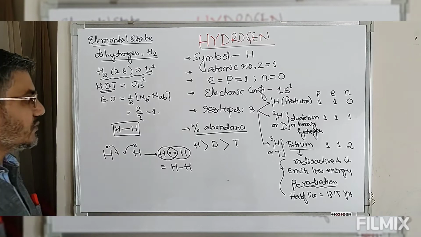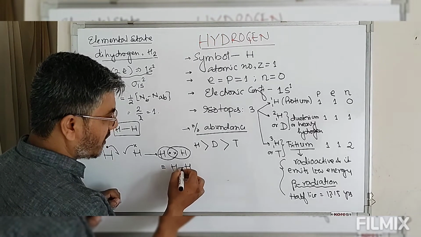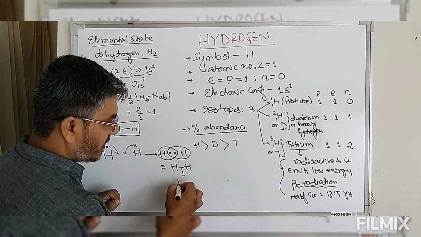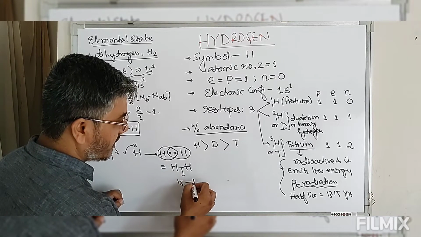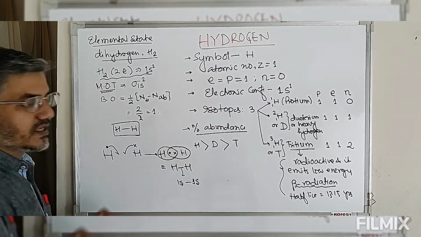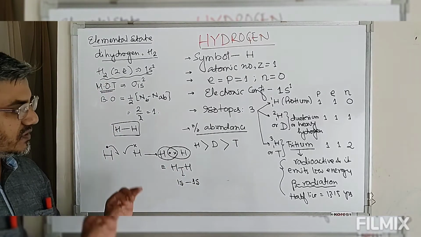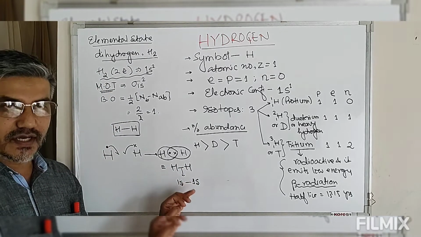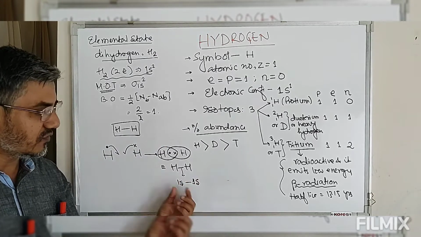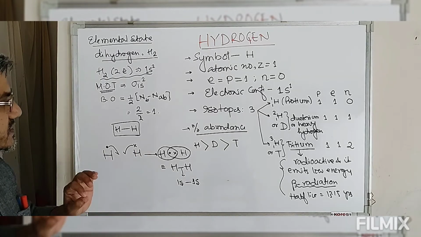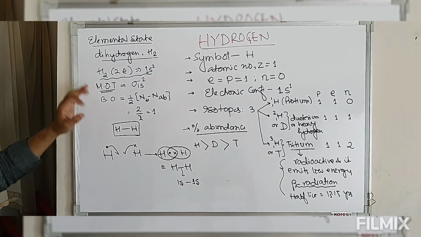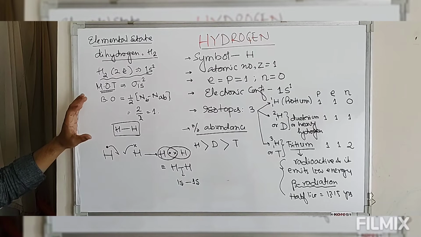This sigma bond is formed by overlapping of the 1s orbital of hydrogen with the 1s orbital of the second hydrogen. So overlapping between the 1s orbital of one hydrogen with the 1s orbital of another hydrogen gives rise to this sigma bond. So this is the molecular structure of dihydrogen.